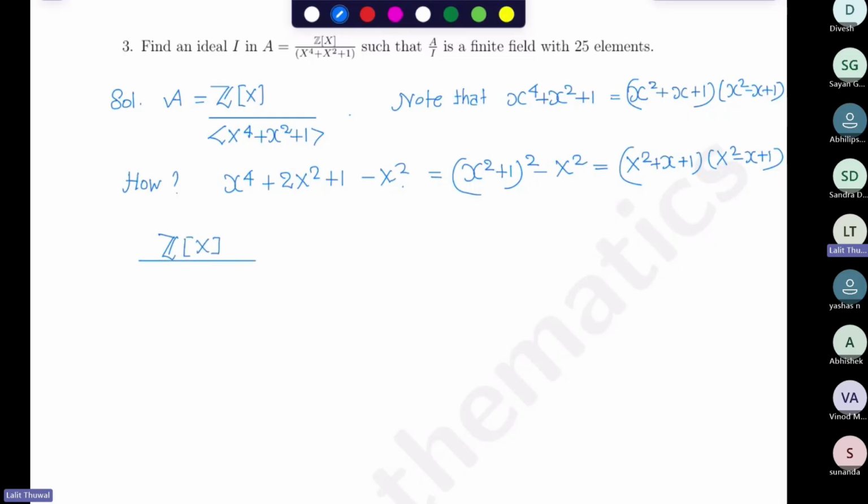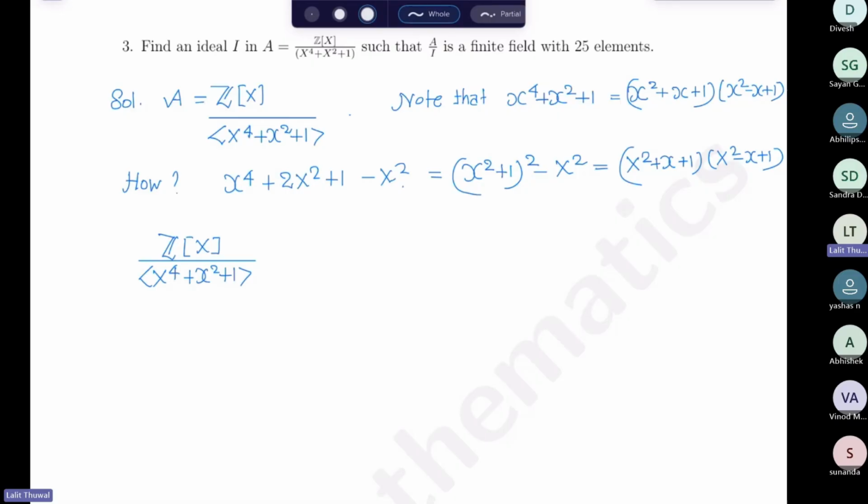So, have you heard about the Chinese remainder theorem? Yes, sir. We will apply it here. Okay. Do we need to apply it here? Okay. I don't think so. We need to apply it here. Okay.